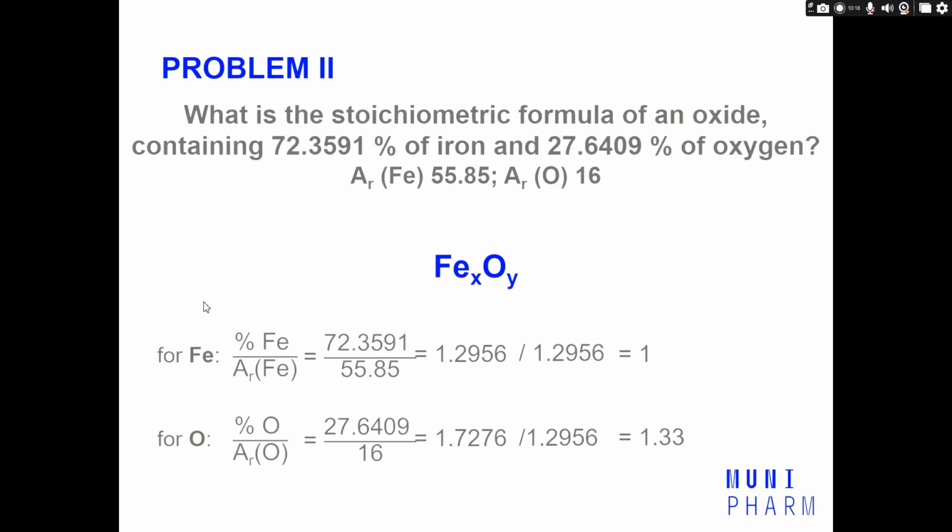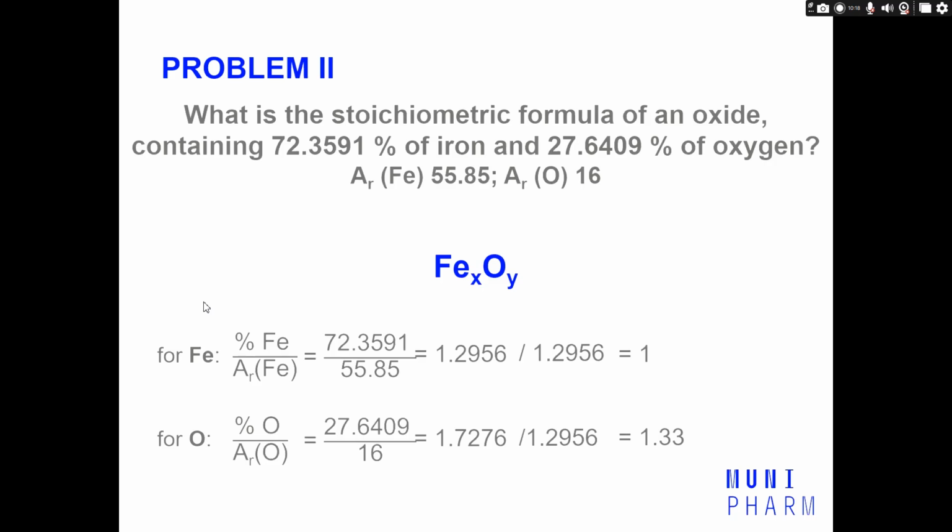Step 2 is to find a number to multiply these second coefficients to get an integer for all elements. Let's look at it. If we multiply both values by 1, we will get the same values. If we multiply both values by 2, we still won't get the integer for oxygen. We will get 2.66.